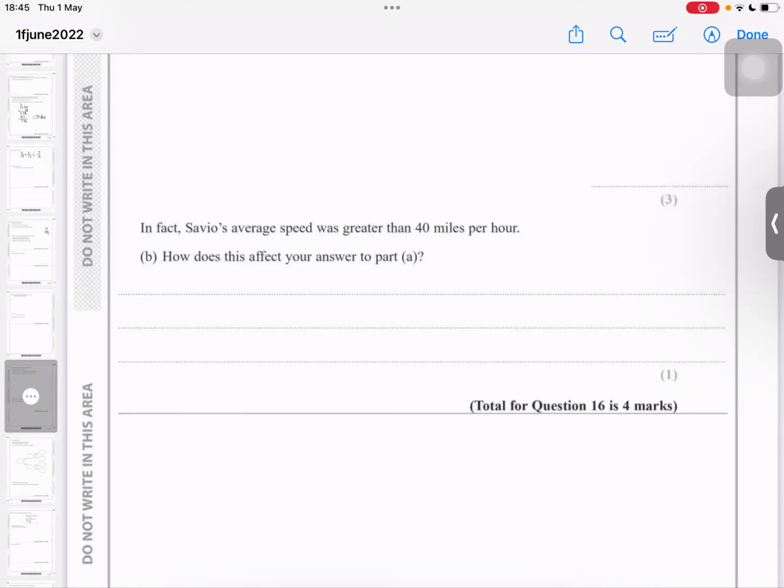Yes, he will arrive earlier, so it will reduce. That's exactly what's going to happen, and I think that's what they're expecting us to say. How does this affect your answer to part A? The time is going to reduce, and that means he's going to arrive earlier. Okay, so we can move on.